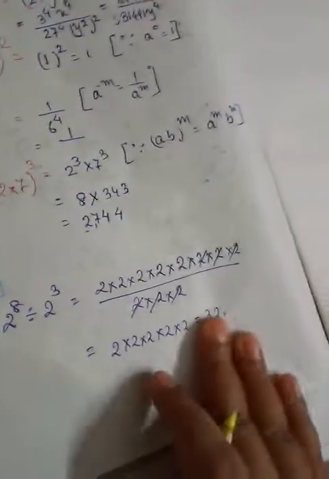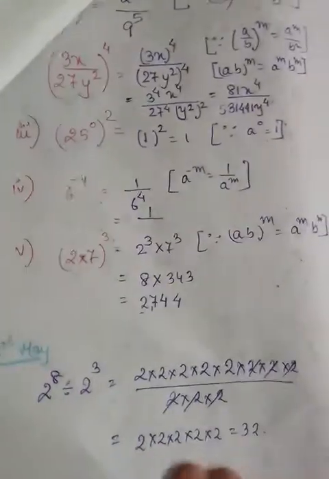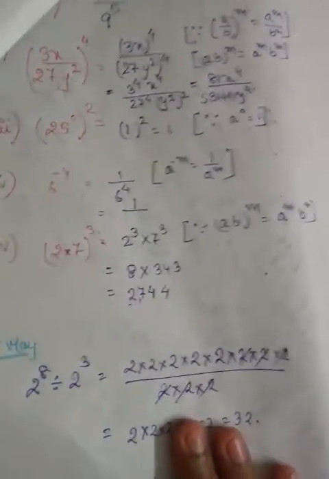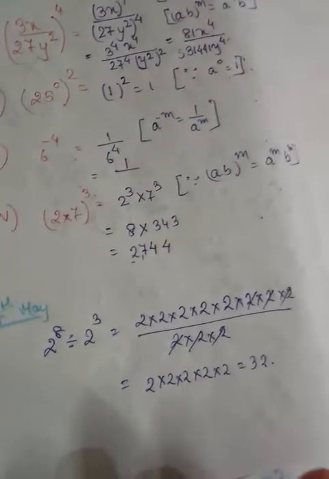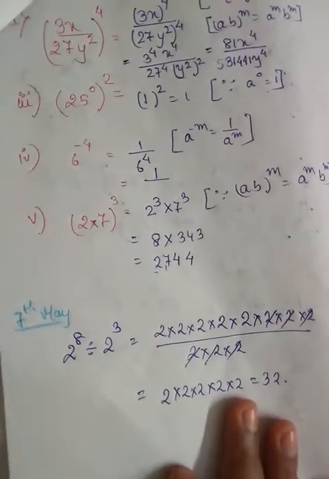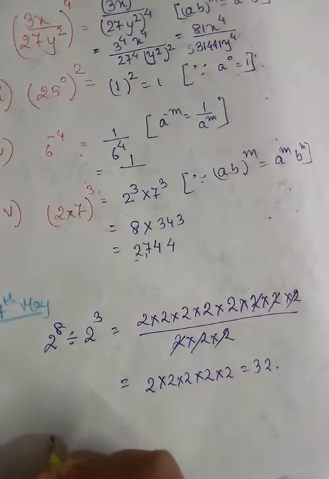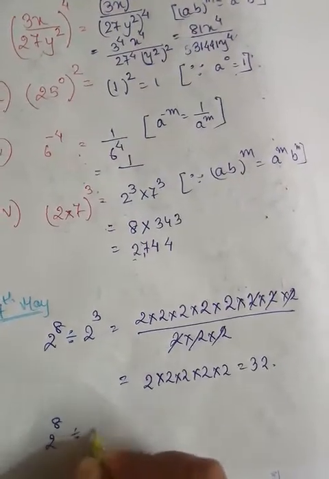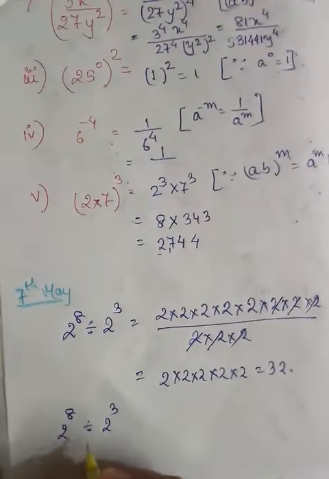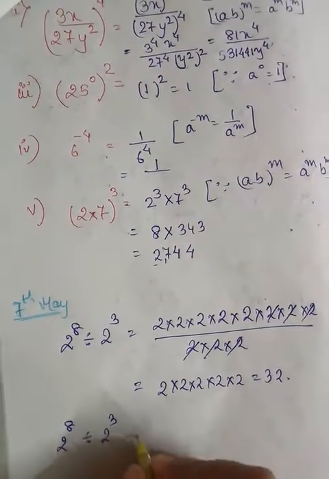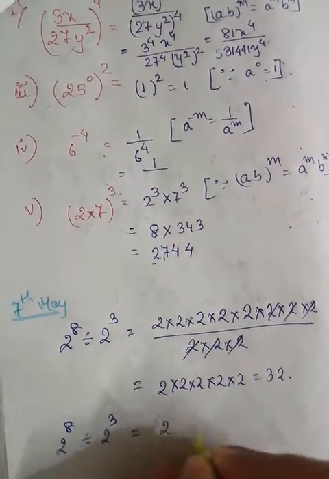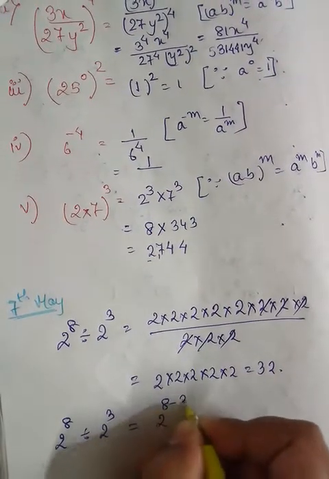Now children, this was correct till the date you had not studied the laws of exponents. Once you have learned the laws of exponents, you will now use them. So when you are using the laws of exponents, this question will be written as 2 to the power 8 divided by 2 to the power 3, which equals 2 to the power 8 minus 3.